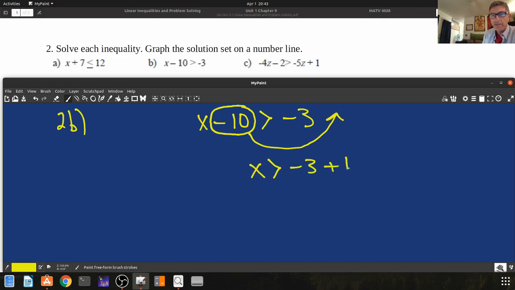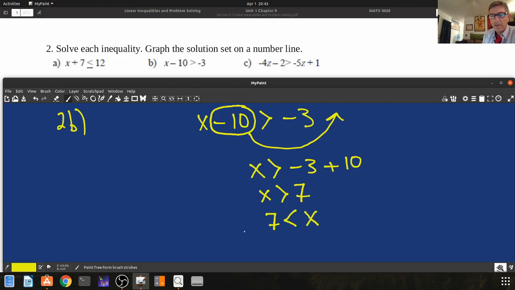So I get plus 10. So that tells you x is greater than minus 3 plus 10, which is the same as 10 minus 3. So x is greater than 7. So what I'm going to do is rewrite this. That's the same thing as saying 7 is less than x.